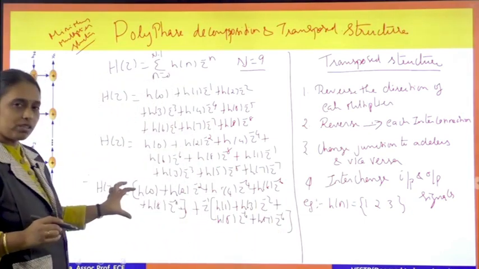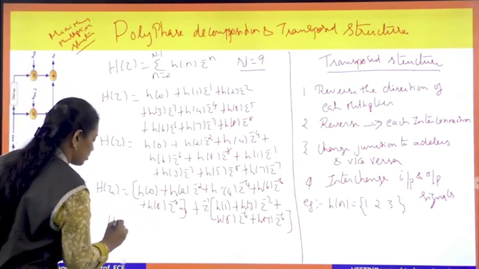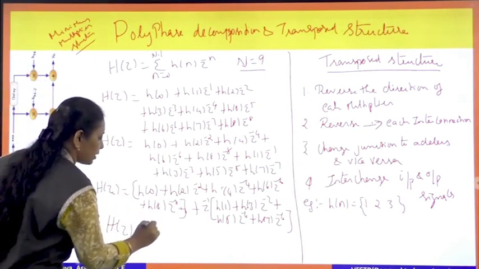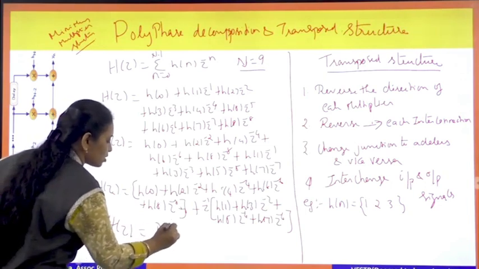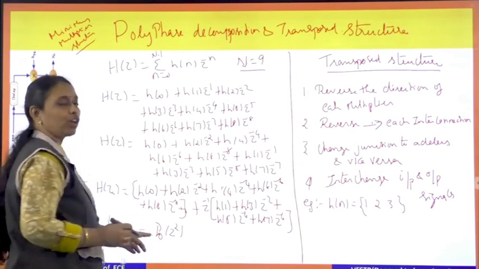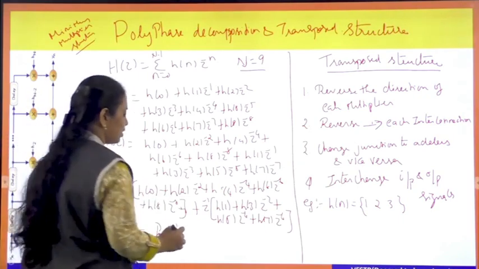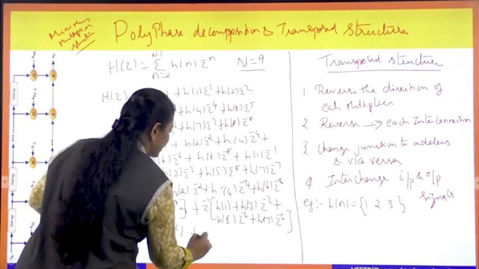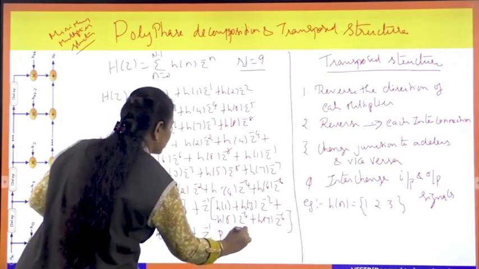So how to draw this in parallel is, take the first part as p naught of z squared. P stands for polynomial, and this is the first equation, plus z inverse p1 of z squared.